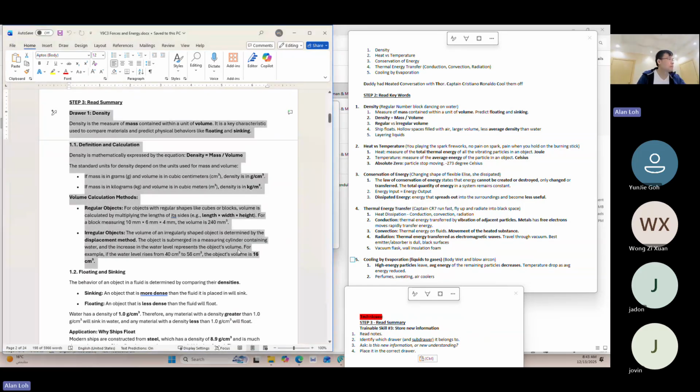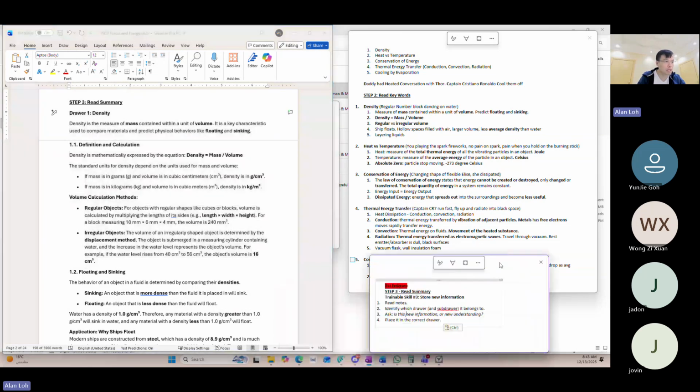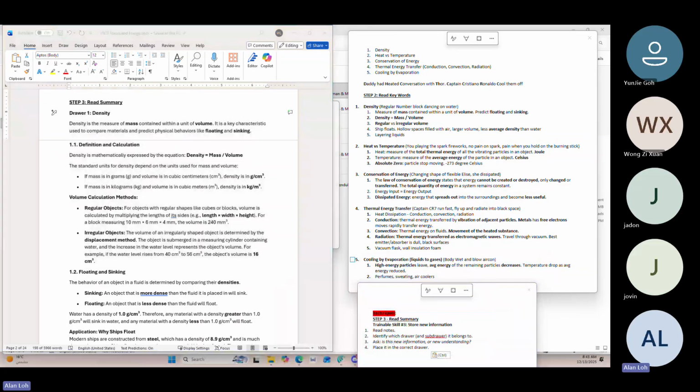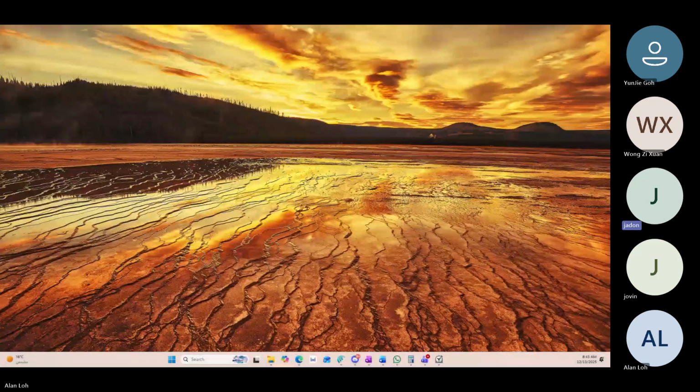Now, when we read this, can somebody tell me which drawer this is? By the way, I'm asking very obvious questions, but just bear with me. Density. Density, drawer number 1, exactly.